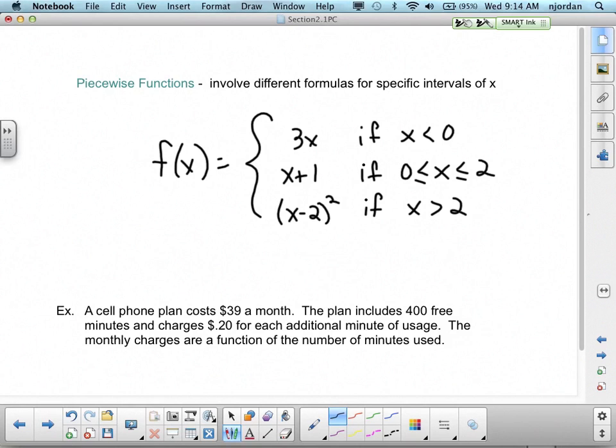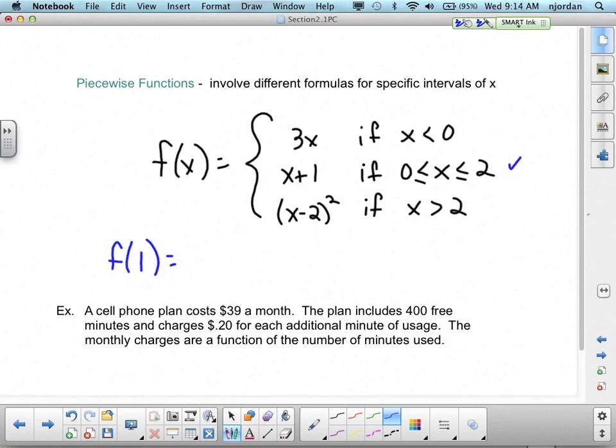Okay? So today I just want to make sure you can evaluate a piecewise function. So if I ask you to find, say, f of 1, you just look up, check the domain first. Again, that domain column are your x values. So x is 1, therefore x is between 0 and 2.